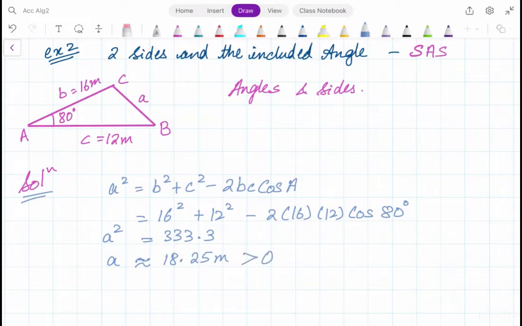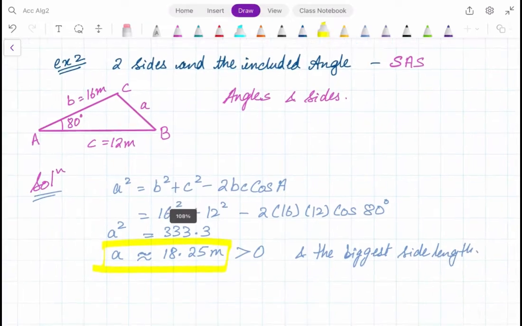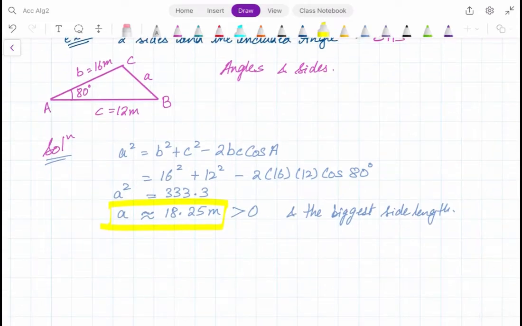So side length A is 18.25, and this is the longest side length because B is 16 and C is 12. So if this is the longest side length, that implies angle A is the largest angle in this triangle. Because if you remember from geometry, the side opposite the largest angle will be the longest side. The side opposite the smallest angle will be the smallest side.